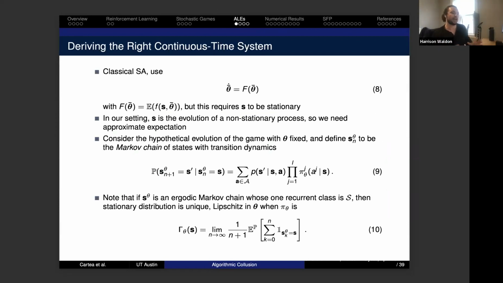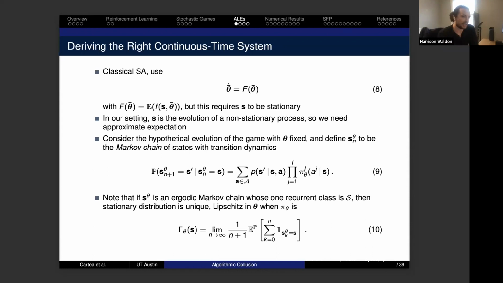So the goal is to arrive at an ODE which approximates the evolution of parameters. Classical stochastic approximation would look at the ODE whose vector field is just the expected update of the learning rule, where you take the expectation over the state process.